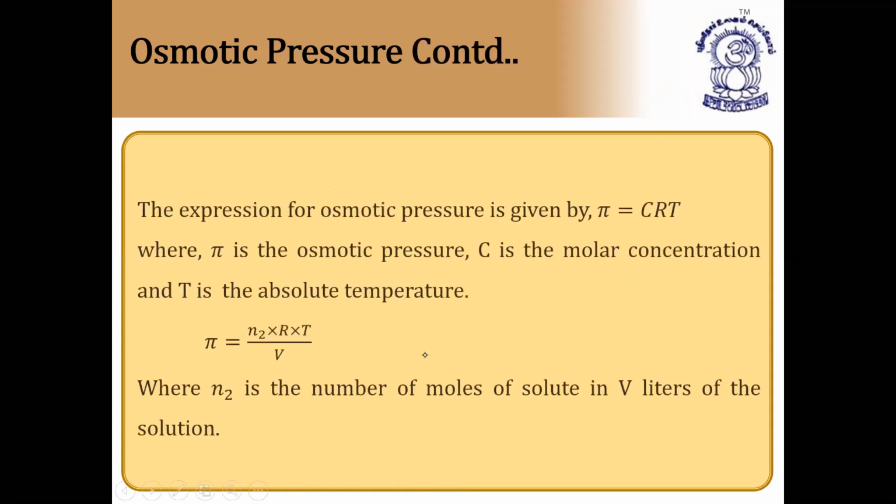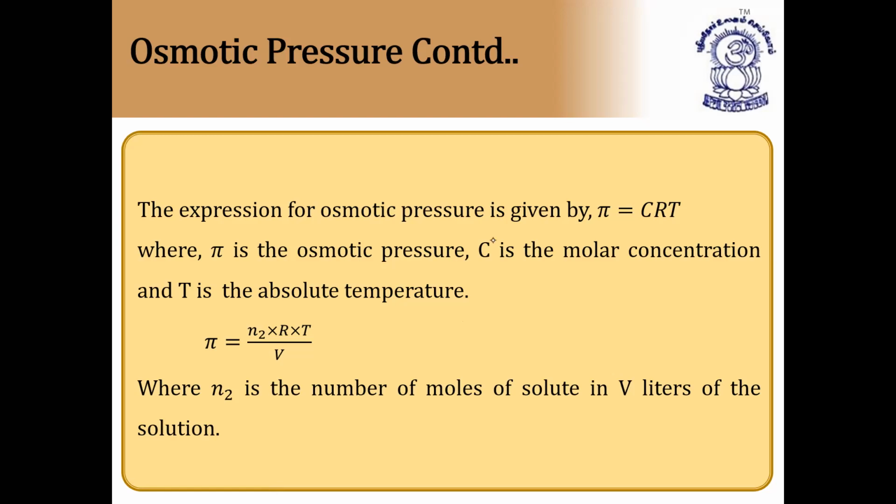Next, osmotic pressure continued. The expression for osmotic pressure is pi is equal to CRT, where pi is the osmotic pressure, C is the molar concentration, so instead of M we have written C, and T is the absolute temperature. So pi is equal to CRT, which can also be taken as n2 RT by V, where R is called the gas constant.